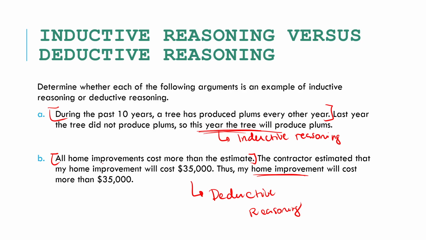That's a general statement. And then we came up with a specific conclusion in terms of my home improvement, right? General is all home improvements, specific is my home improvement. Okay, so from general to specific, that's deductive reasoning.